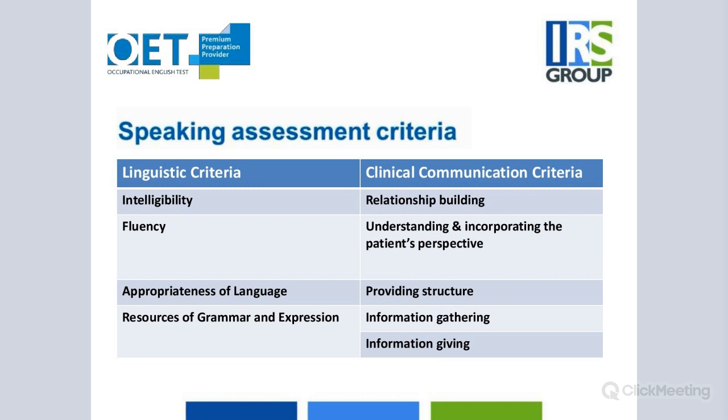Then the fourth one is resources of grammar and expression. Yes, when you're speaking, you need to use appropriate grammar and expressions. You need to use the right tenses. Instead of present tense, you shouldn't be using past tense, and instead of past tense, you shouldn't be using present tense.